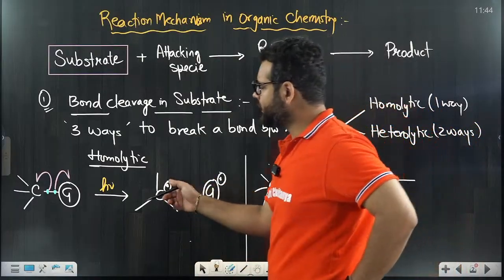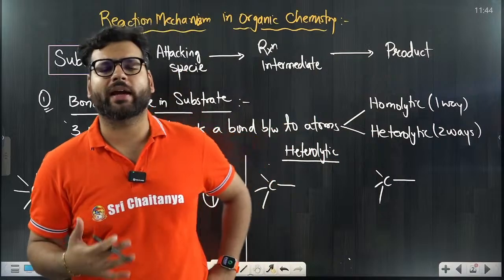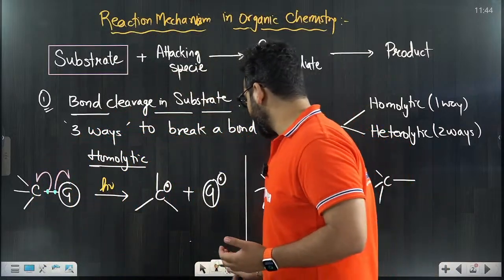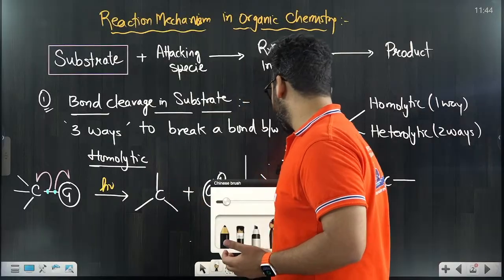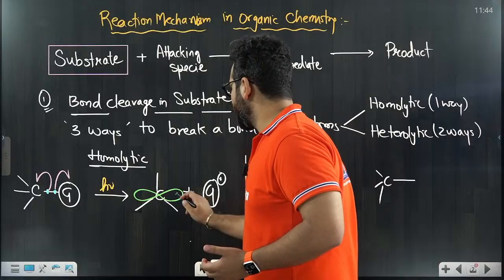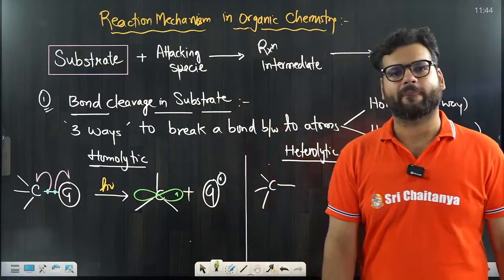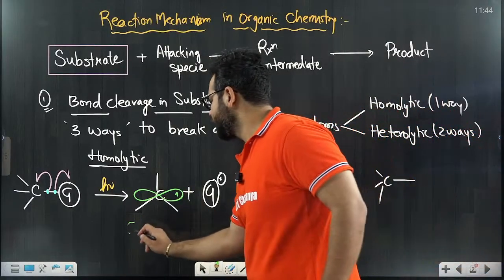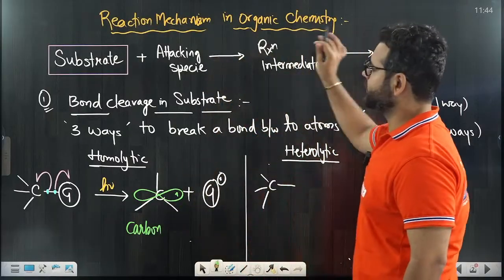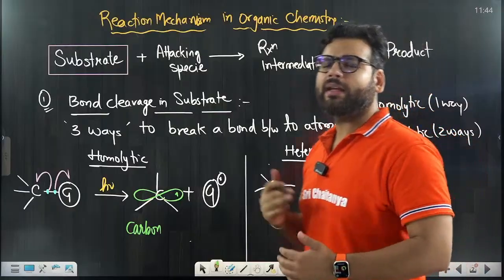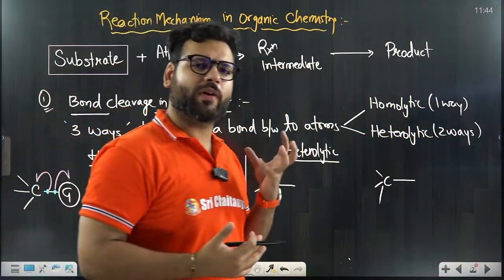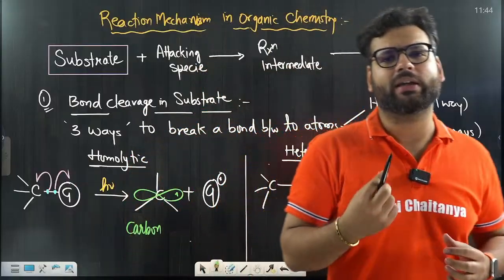I have drawn it like this because the carbon free radical actually has sp2 hybridization and is planar in nature. So you can also keep it like this: carbon with 3 bonds, and the p orbital of carbon will carry 1 unpaired electron. This is the carbon free radical. It is one of the reaction intermediates formed here. After breaking the bonds, whatever part of carbon is remaining is known as an intermediate.